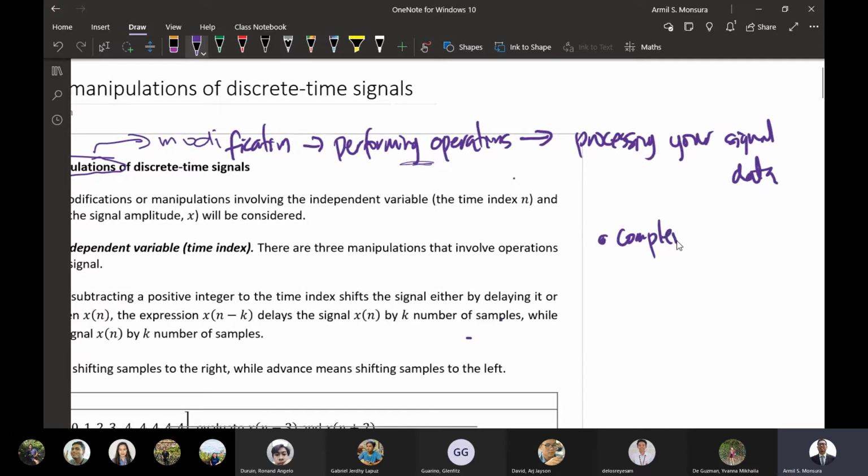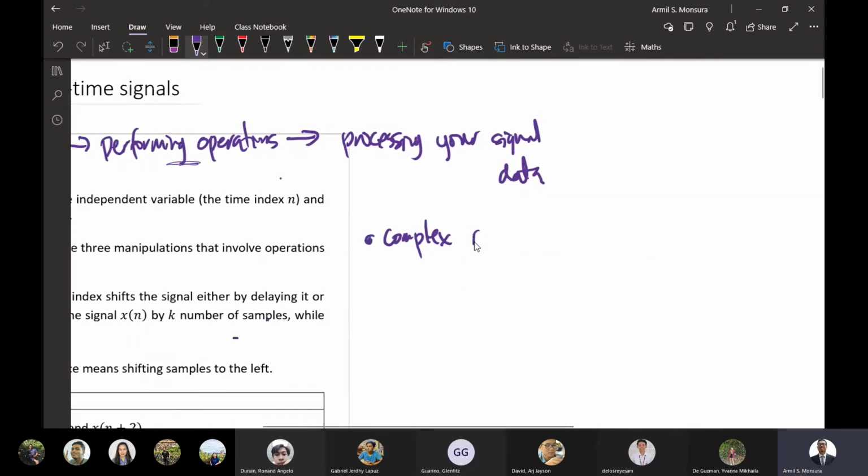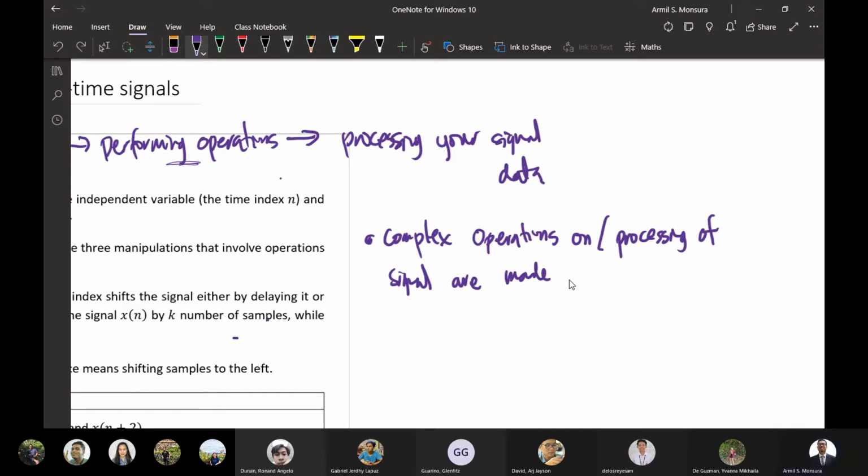complex operations or complex processing of signals are actually made up of basic and simple operations.